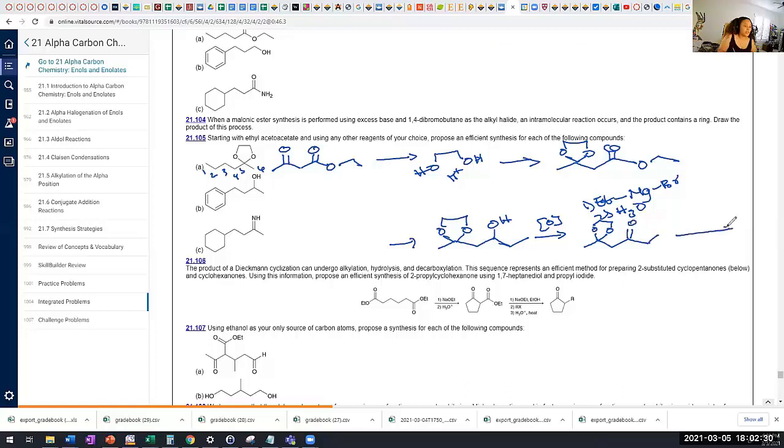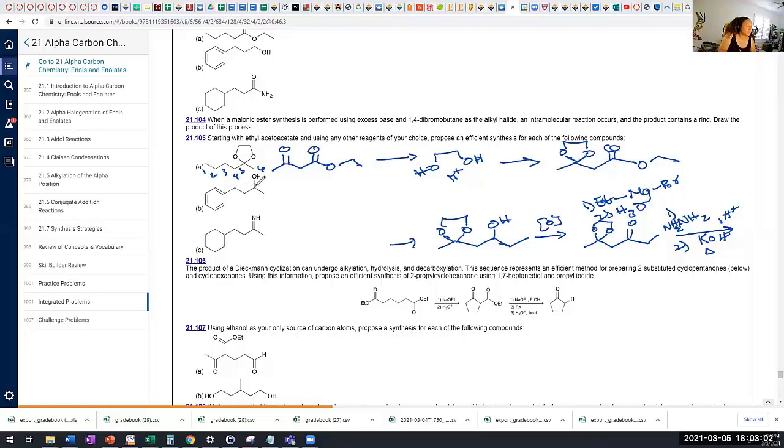And then I can use anything like the Wolff-Kishner reaction, with a lot of heat, and then end up with this removing this group off of there. So that's one way. There are other ways of doing that, but that's just one way.